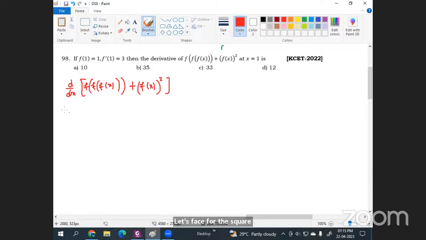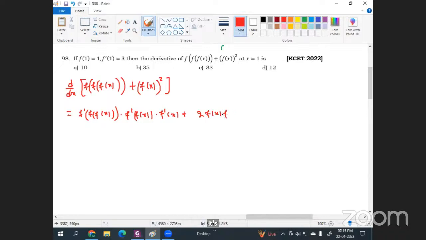Right? Now, 3 functions are there. It's a compound function. First f dash of f of x into f dash of x, f dash of f of x into f dash of x plus 2 into f of x into f dash of x.